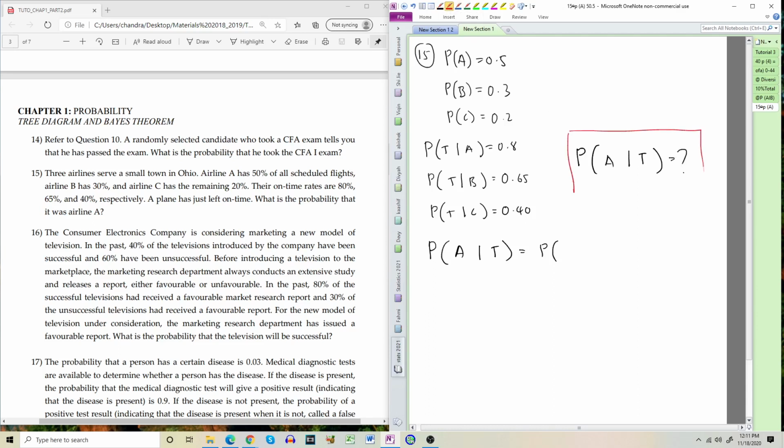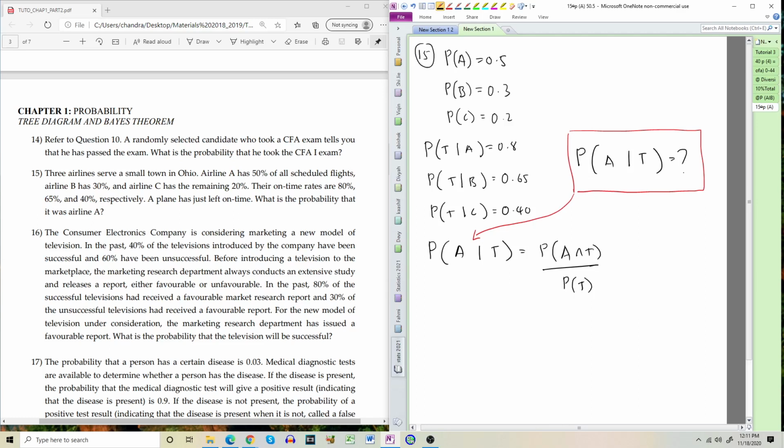This is the question. So basically we need to find the probability of A and T and P(T).